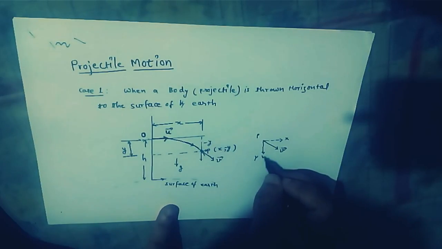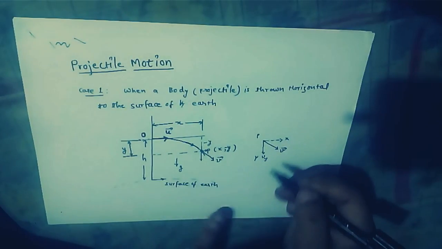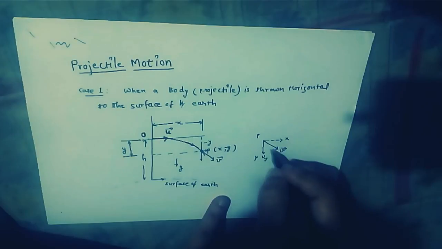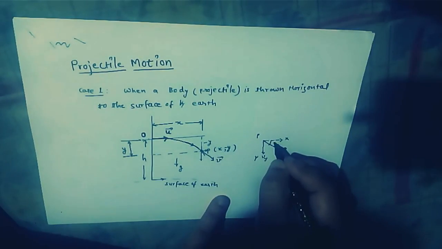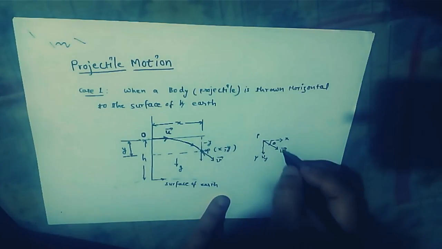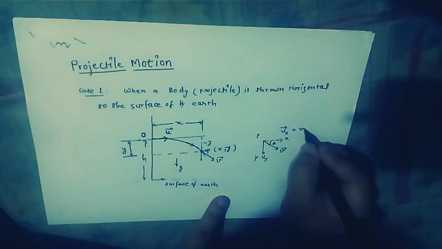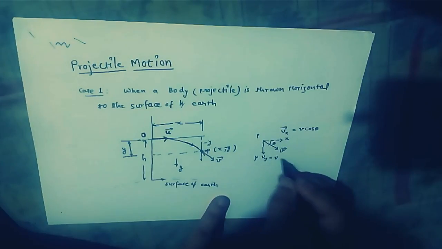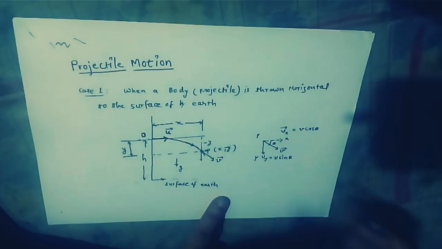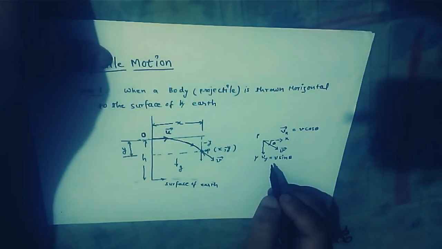The components depend on the direction of velocity. Suppose its angle with respect to x is theta. Then the velocity along the x direction would be v cos theta, and along the y direction it would be v sin theta. So the velocity at point P would be this much.